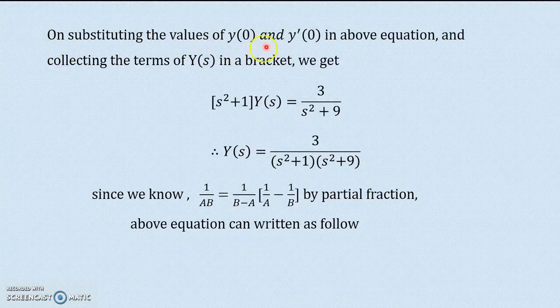By substituting the given condition, that is y of 0 and y dash of 0 is equal to 0 in above equation, and collecting the term of Y of s in one bracket, we'll get this equation. Due to y of 0 and y dash of 0 equal to 0, some terms are vanished and we get this equation. After shifting this bracket on this side, we'll get Y of s, which is equal to 3 upon s square plus 1 into s square plus 9.